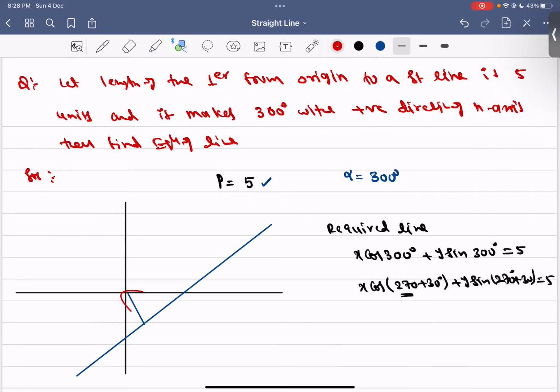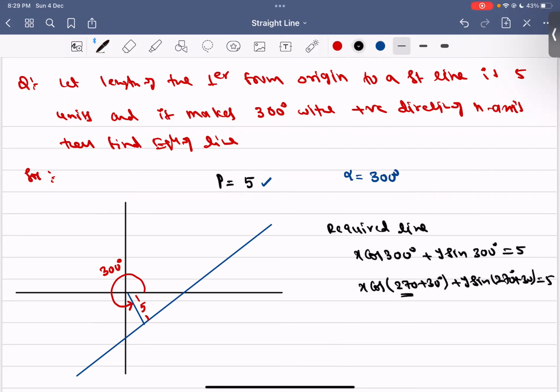So this is 300 degrees. This distance is 5 units, right? Now it's okay, right?